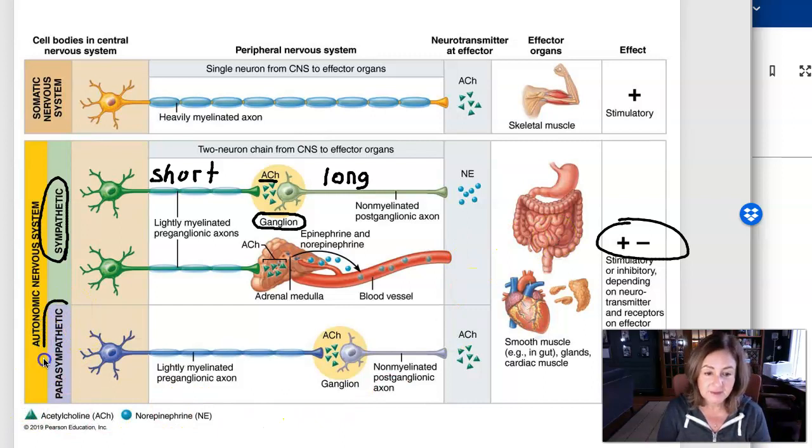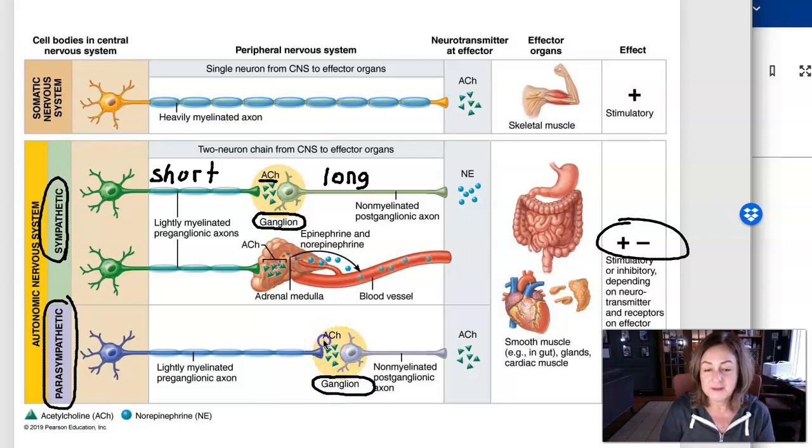In the parasympathetic division, what we see is the neurons exit through the cranial nerves and the sacral nerves. They go almost all the way to the effector. This would be a terminal ganglion. They're going to release the neurotransmitter acetylcholine. It's going to synapse with the postganglionic neuron, which is a short neuron that goes right into the effector.